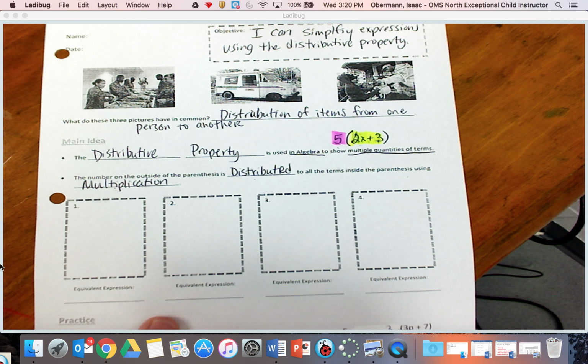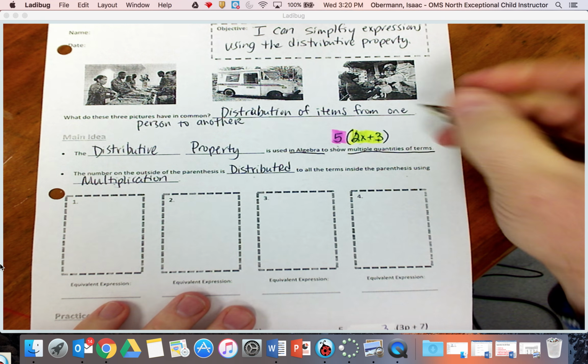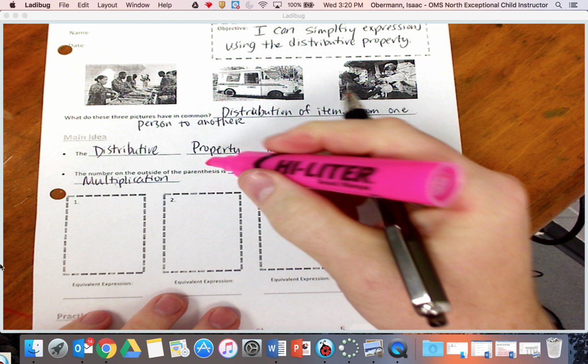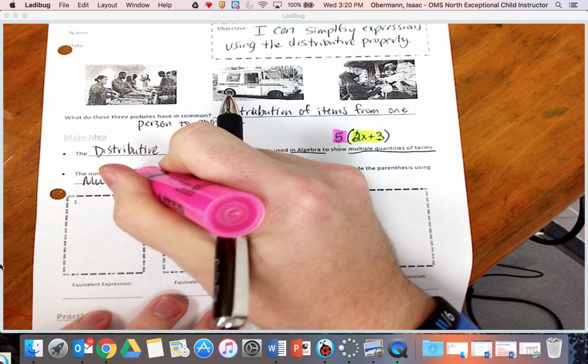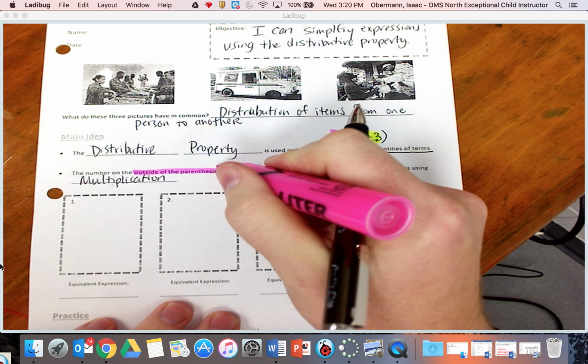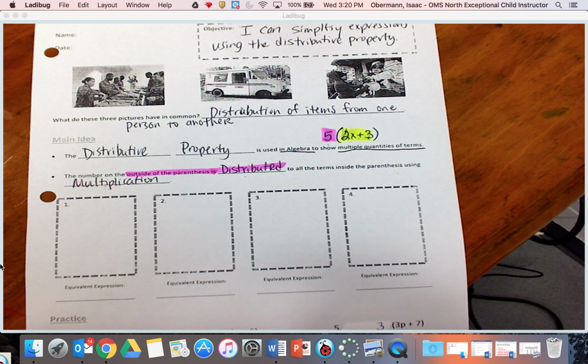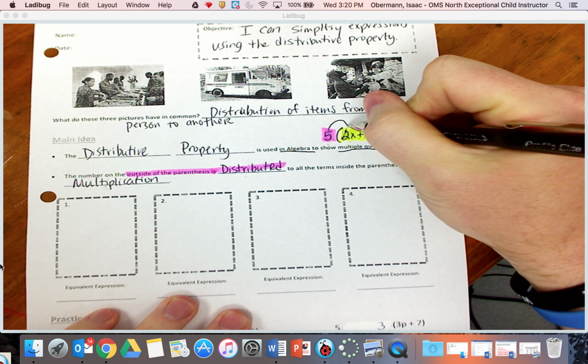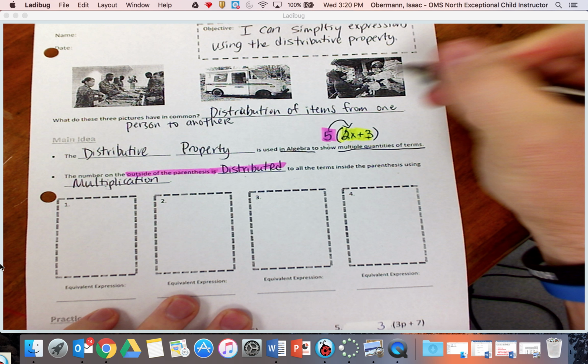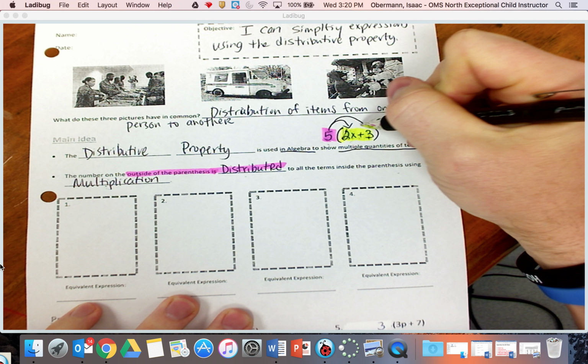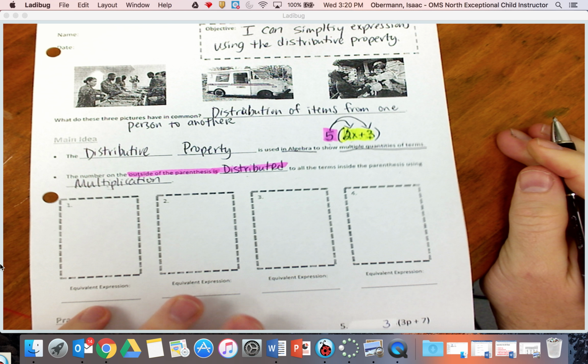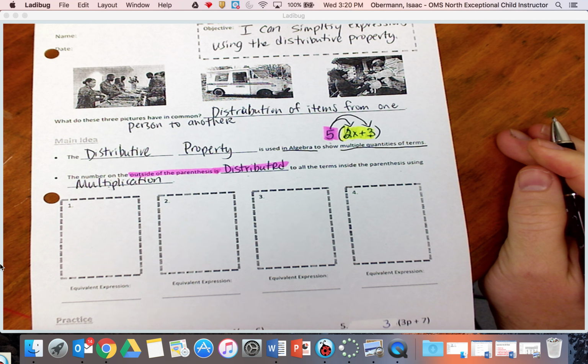That's pretty much it. So what's happening here, I'm taking the term that's outside of the parentheses, and it is distributed. So it's going to the 2x, and then it's going to be distributed to the 3. And we do that by multiplication.